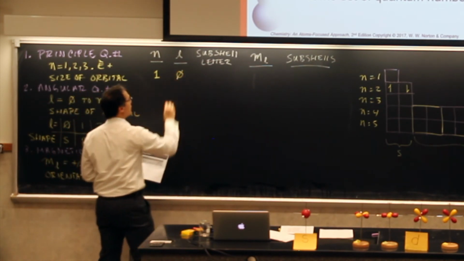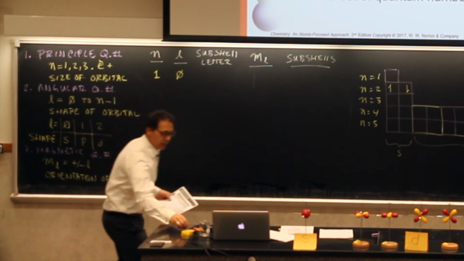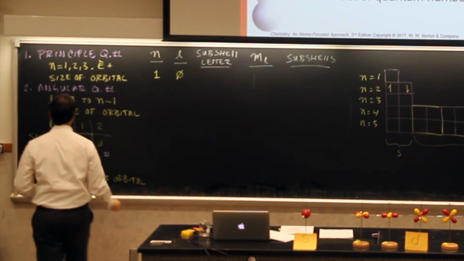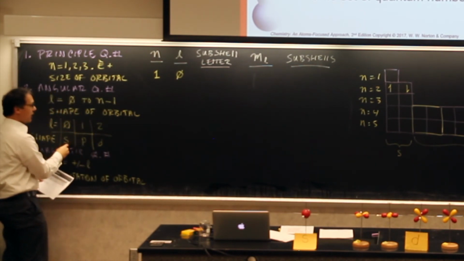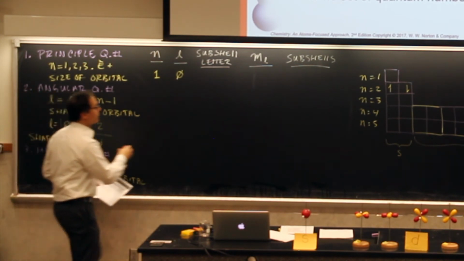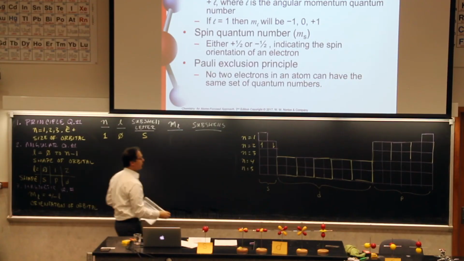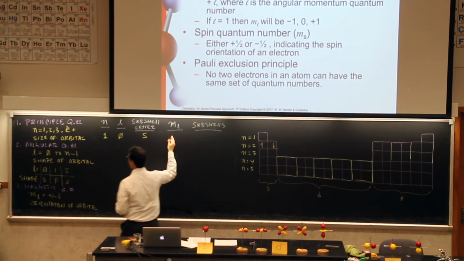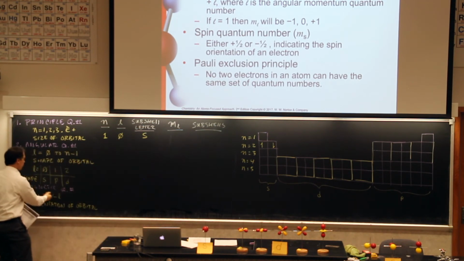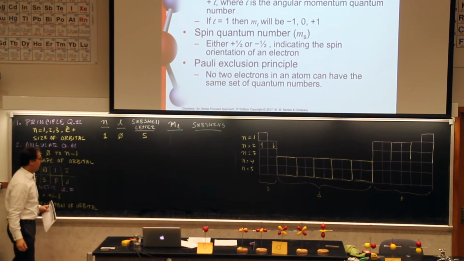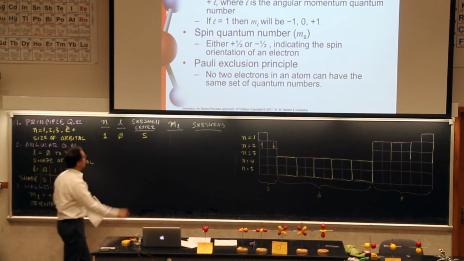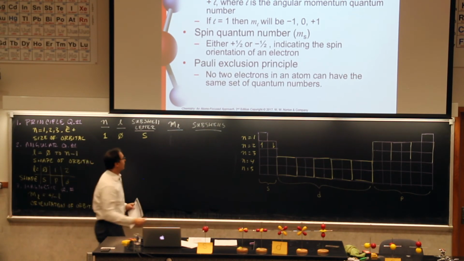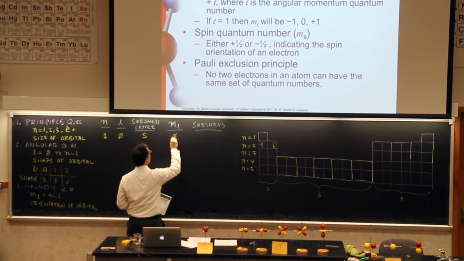So L is equal to 0. And then our subshell letter, if L is equal to 0, then that letter is an S. So we're in our S orbital here. And then M sub L is equal to plus or minus L. So plus or minus 0 is 0.